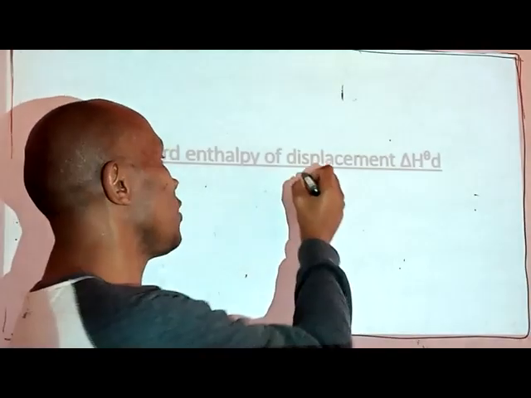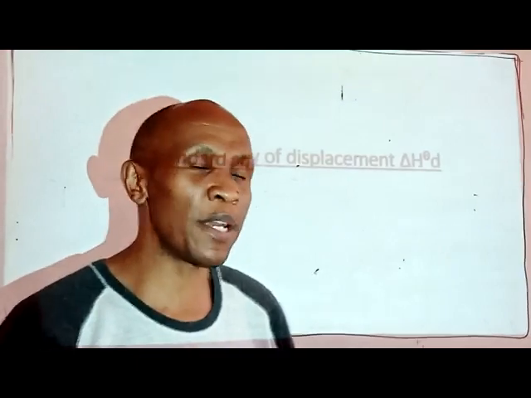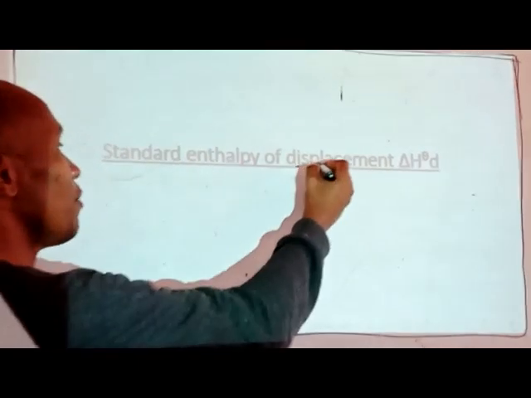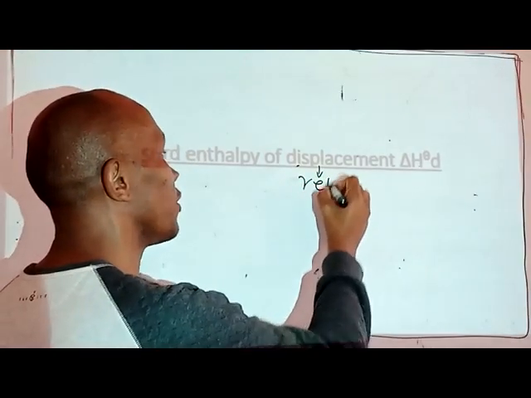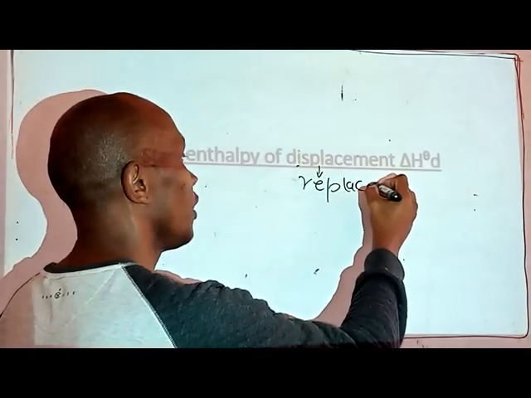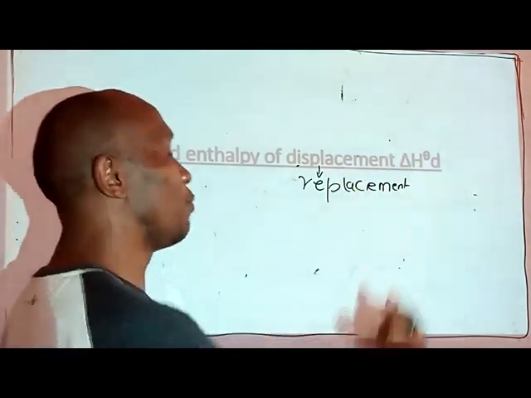The first question we need to ask ourselves, and that's a very simple question, is what is displacement? Now displacement, for the lack of a better term, I will talk of replacing it. So it's a replacement, it's a process whereby you replace.